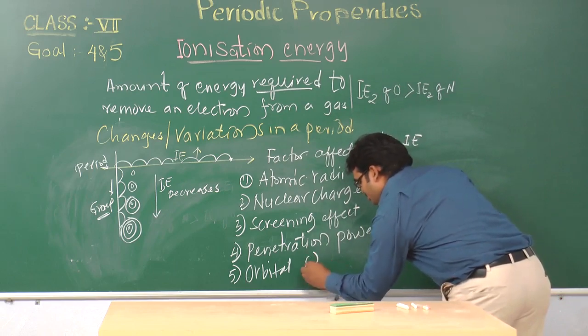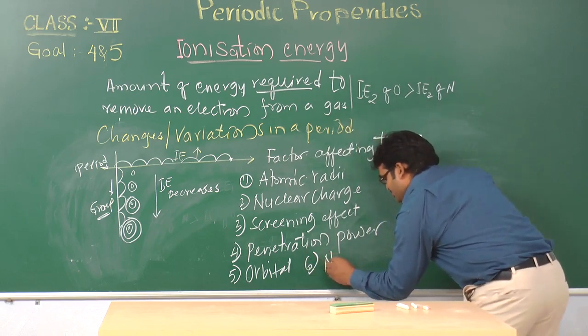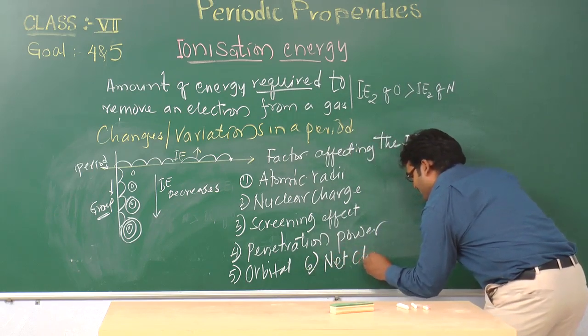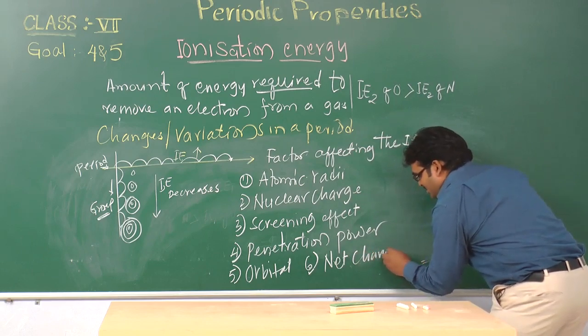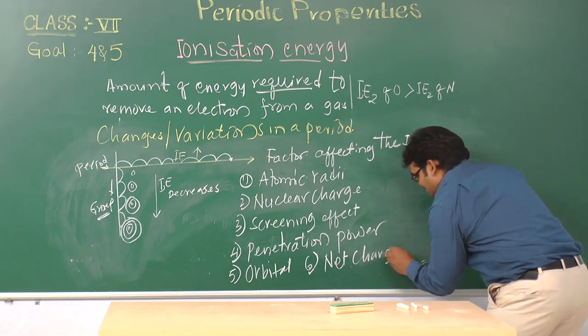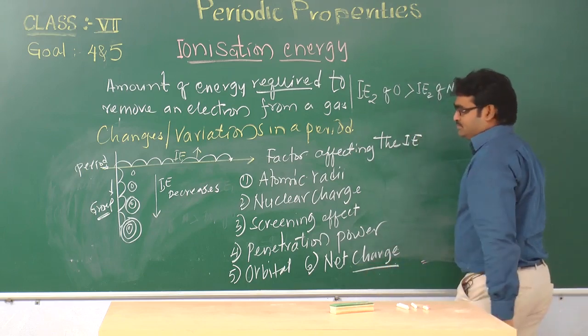And the sixth one is the net charge on the atom.